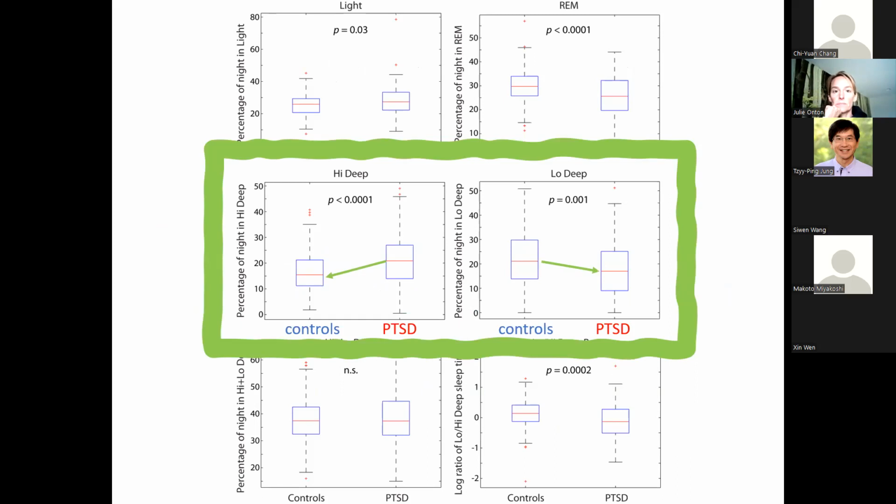Is this specific for PTSD, or have you tried other populations? Oh yeah, I had no reason to believe this was only PTSD. Why would PTSD cause you to not have low deep sleep? I never thought that it could possibly only be them, but I didn't really know.